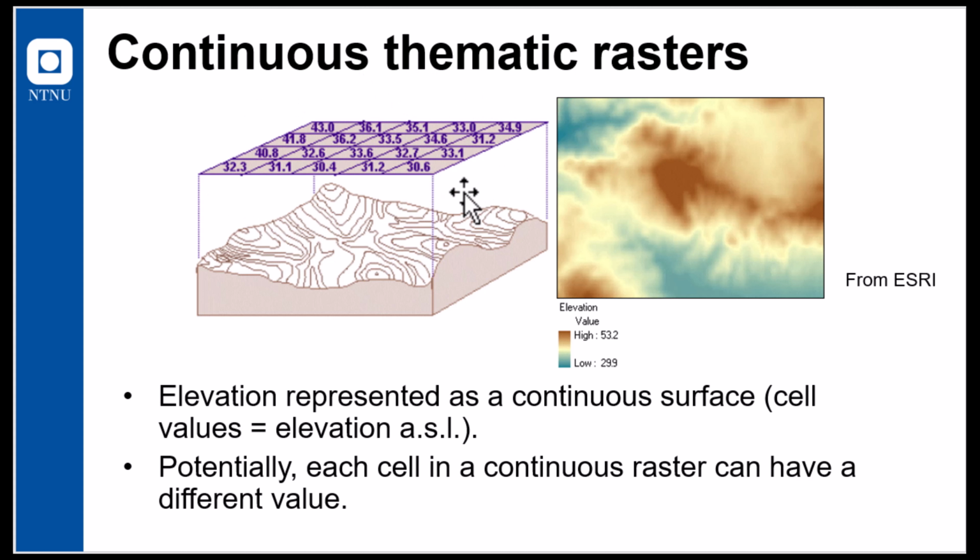Here we only show the first decimal, and then potentially each cell in a continuous raster can have a different value. So we cannot have a raster attribute table or a value attribute table for a continuous thematic raster.